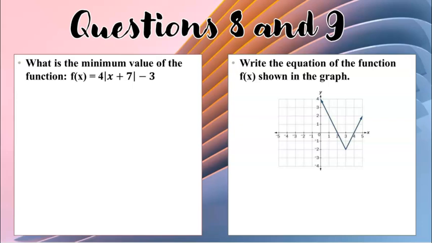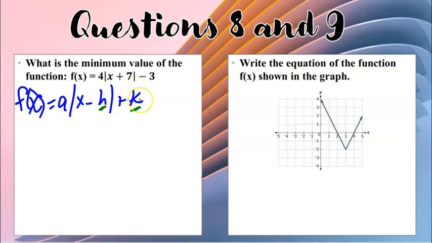Question 8. What is the minimum value of the function? So we have an absolute value function, and the minimum value is going to be the vertex. Now, when you think about absolute value, the main format is f of x equals a times the absolute value of x minus h plus k. We want to identify the vertex, and the vertex is whatever h and k is.